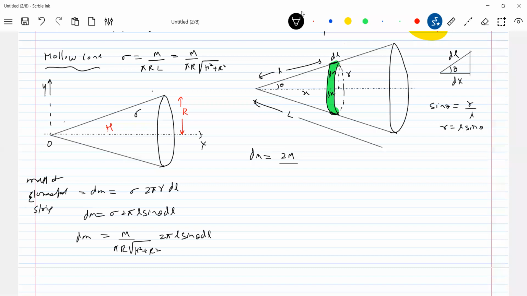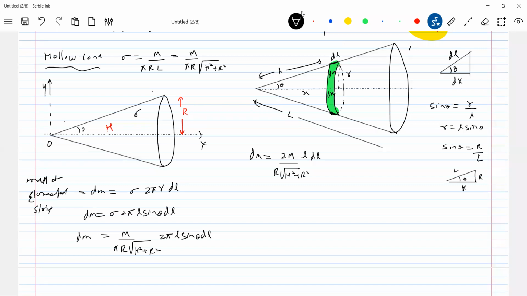What is sine theta? One more thing, I think we can replace sine theta also. 2m r over h square plus r square, L dl sine theta. In place of sine theta, what can we write? Looking at the bigger triangle, sine theta is r by capital L. What is L?